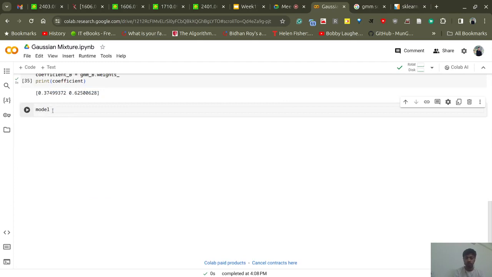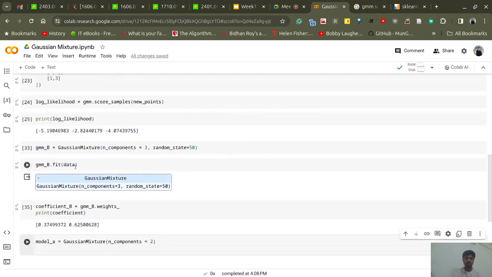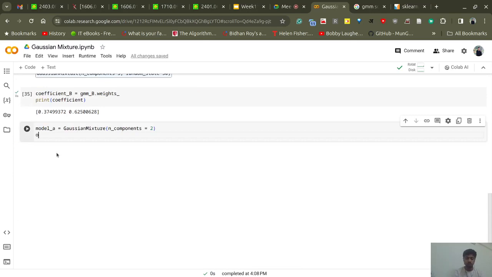Model A equal to GaussianMixture, and we have to also get the labels after prediction. So we'll use output_model_A equal to model_A.fit_predict. It will first fit the model and then predict on the same data.